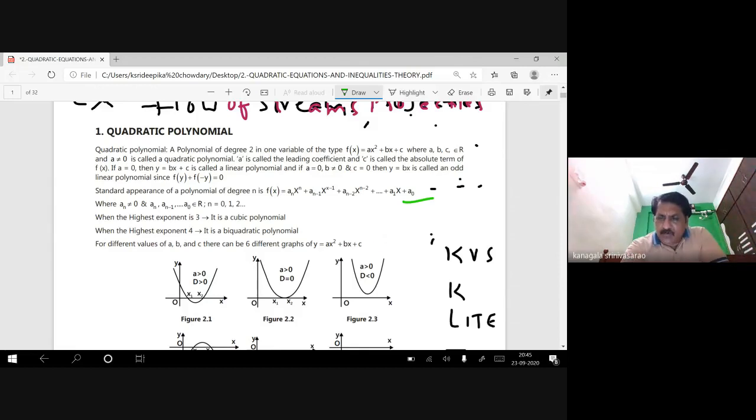This is the general form, ax squared + bx + c, where a, b, c are the respective coefficients of x squared, x and the constant, and a is called the leading coefficient. a can't be equal to 0. Based on this, we are going to extend our study. So many things are based on this one, ax squared + bx + c. That is the main thing we are going to study.